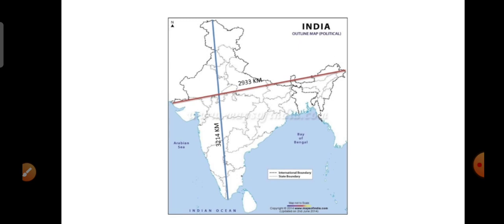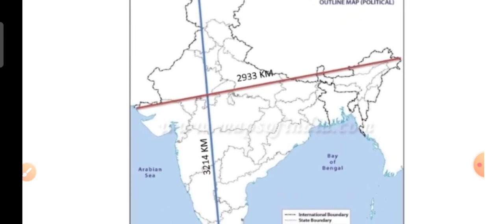Approximately the distance between north and south and east and west is about the same, but the exact distance between east and west, shown with the red color line, is 2933 kilometers.